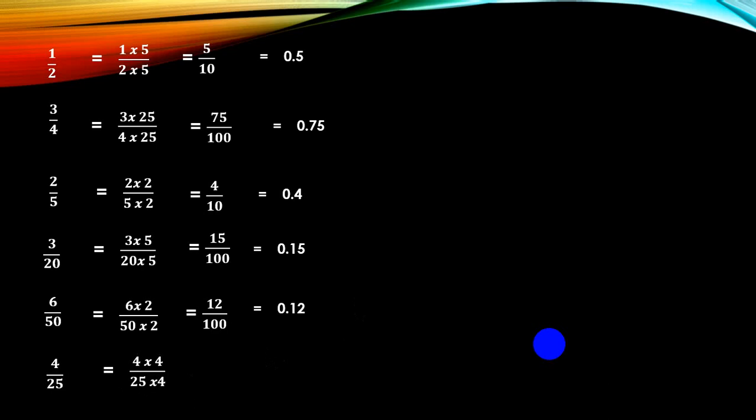So multiply by 4. 4 times 4 equals 16. Then 25 times 4 equals 100. It's easy now to write as a decimal? Of course. 0.16. Now, the topic, how to write the fraction as a decimal, is easy and clear in front of you.